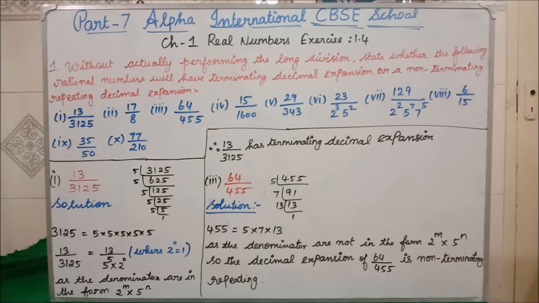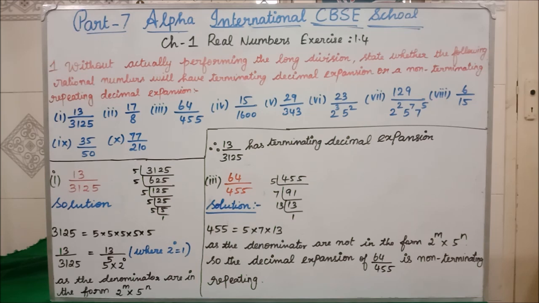Terminates. Suppose, theorem number 1.7, what does it say? If the denominator part does not contain the form 2 power m into 5 power n, then the decimal expansion is non-terminating and repeating. Clear? These two things only we have learned in theorems 1.6 and 1.7.